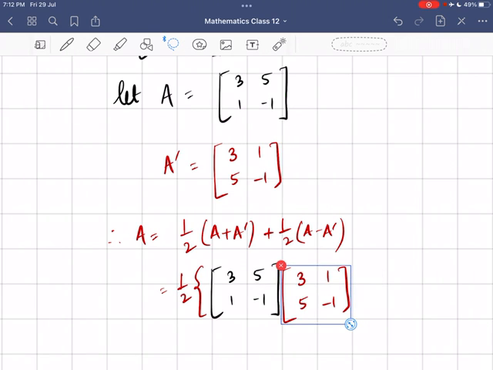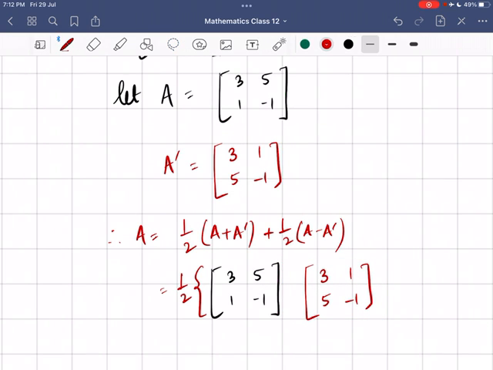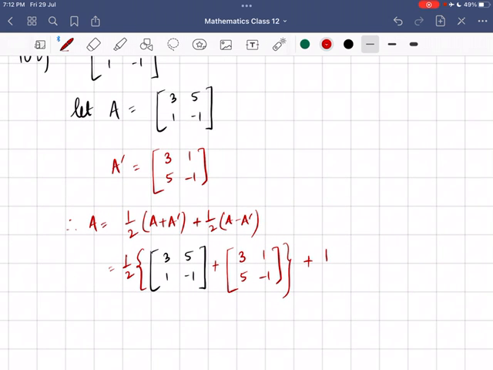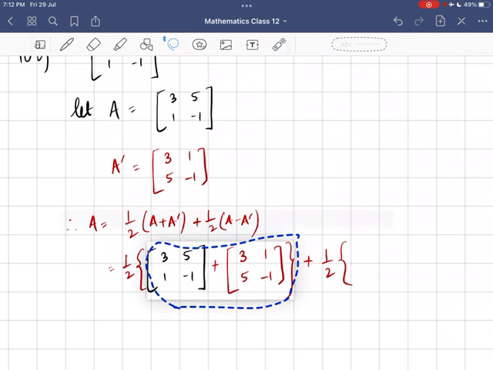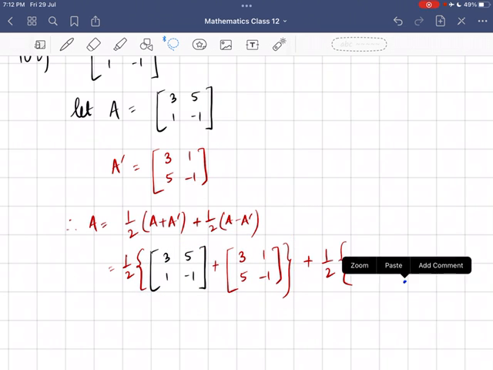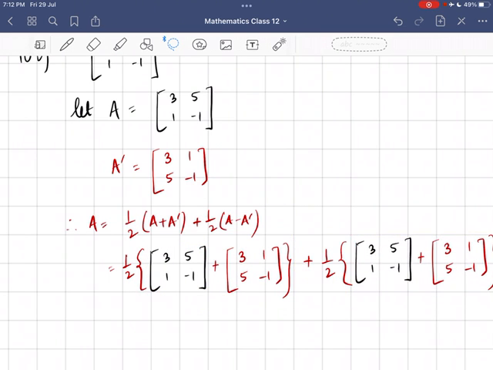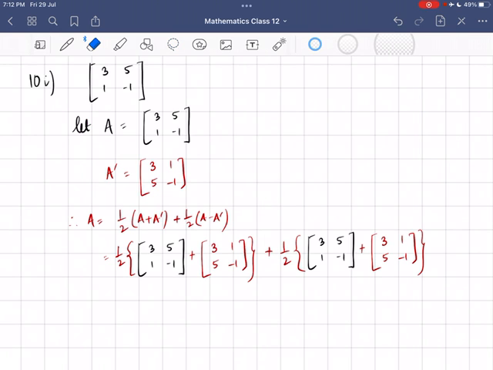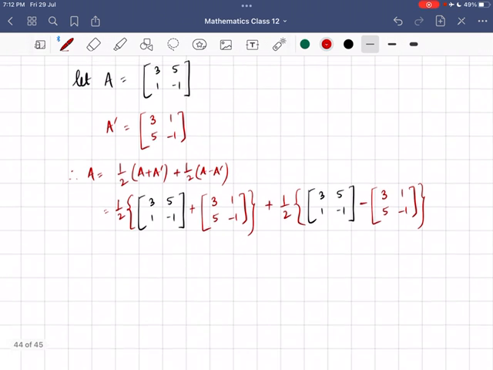Plus half of A minus A transpose, where we subtract these two, so in place of plus I will put a minus sign. This is how we express any given matrix as a sum of symmetric and skew symmetric matrix.